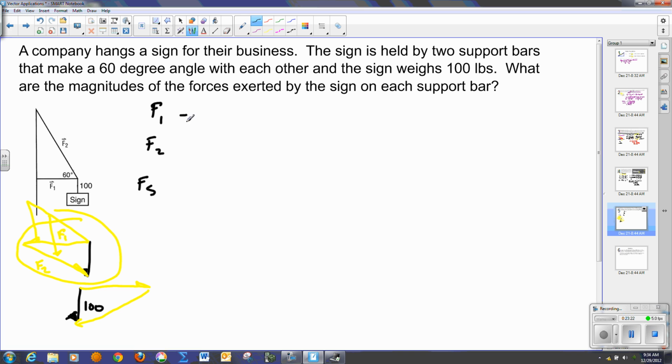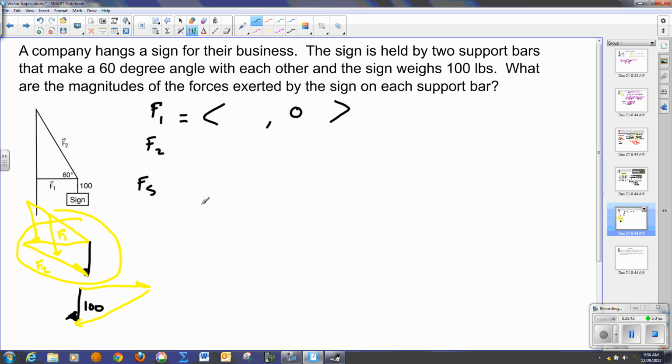All right. If you look at force 1, it is going to be given by its x and y components. Now you can see that it's on a straight horizontal. So if it's on a straight horizontal, it has no vertical component for its force.